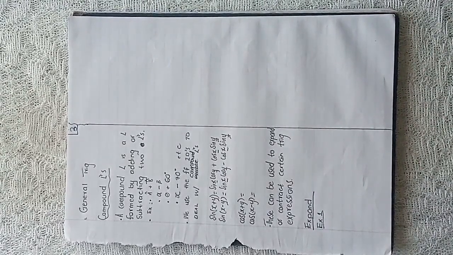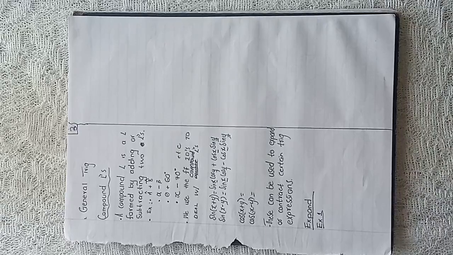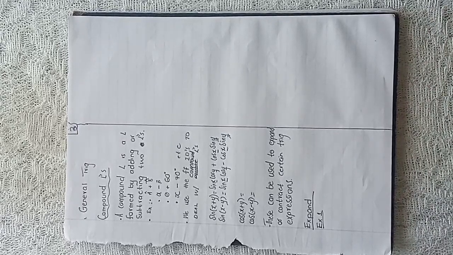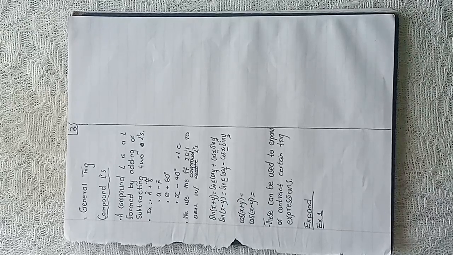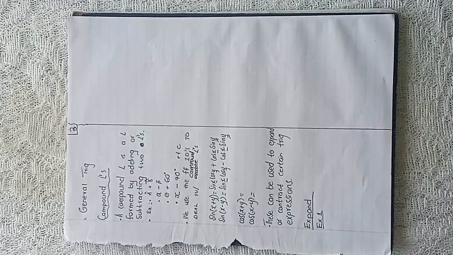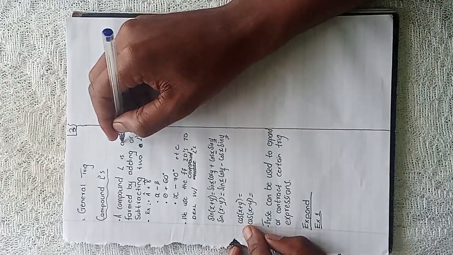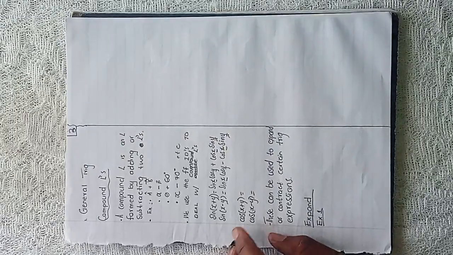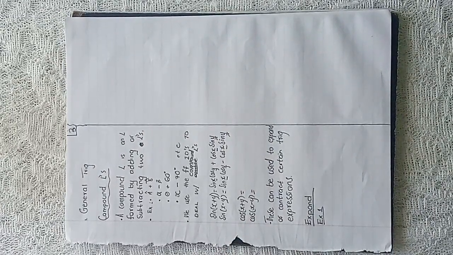So let's look at compound angles. What are compound angles? It's something new to you that we'll be dealing with here in grade 12. Compound angles is when we are adding two angles or subtracting two angles. It's an angle formed by adding or subtracting two angles.